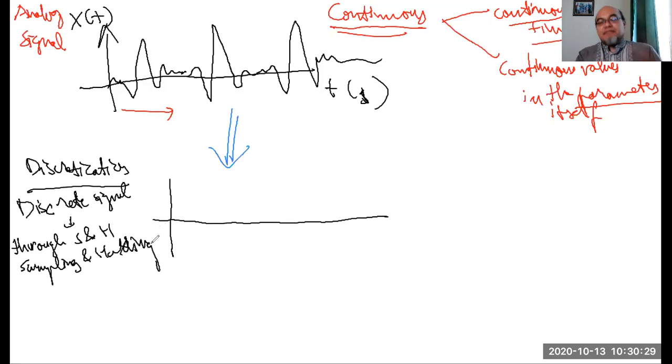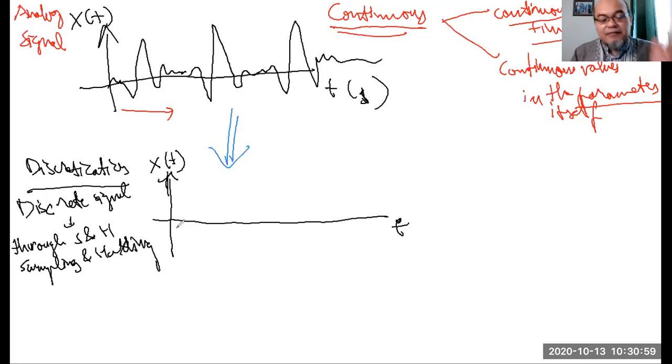Sampling means that the previously continuous signal in time will be sampled every period of sampling time, depending on the speed of that ADC. So we can sample, for example, every thousandth of a second, so every 1 millisecond.